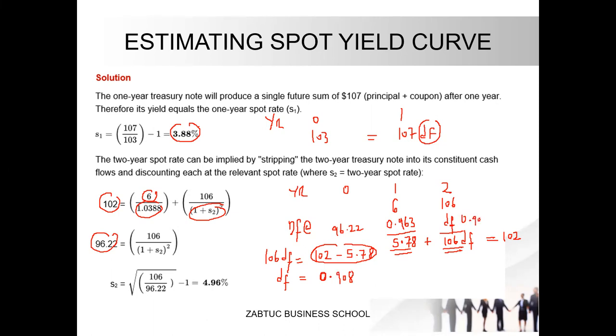Now, as we're not interested in the discount factor, what do we want? The discount rate which gives this discount factor. Do you get the logic? So you go back to your equation: 1 over (1 plus r) to the power 2 should give you 0.908.